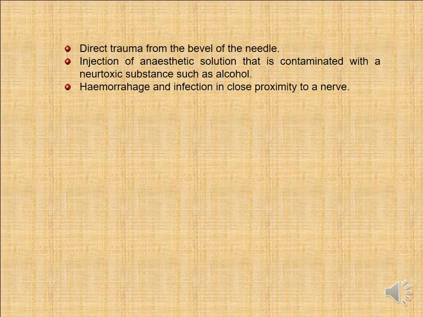The causes are either direct trauma from the bevel of the needle, injection of anesthetic solution that is contaminated with a neurotoxic substance such as alcohol, or hemorrhage and infection in close proximity to the nerve.